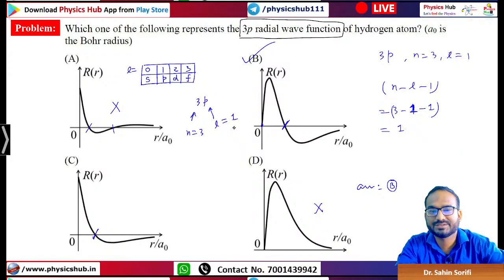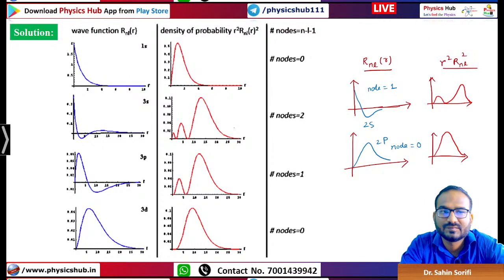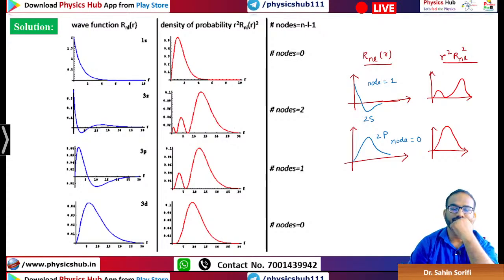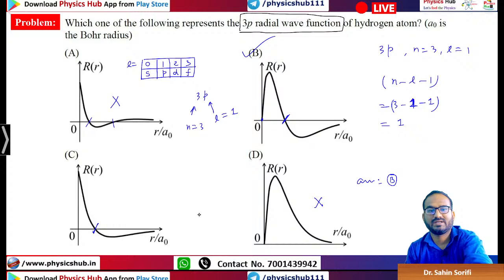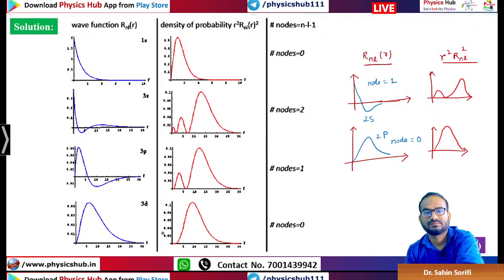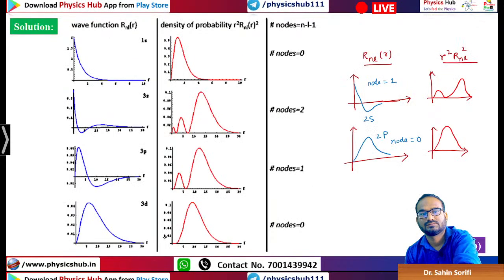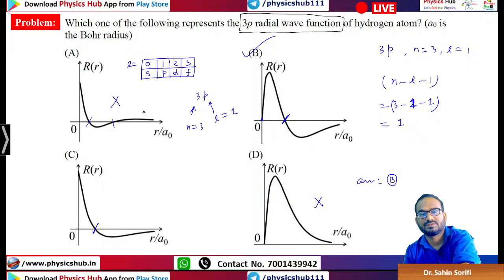Let's move on to the next question. Okay, so you can remember this. Look, this was the graph for, what was this, 3s, right?